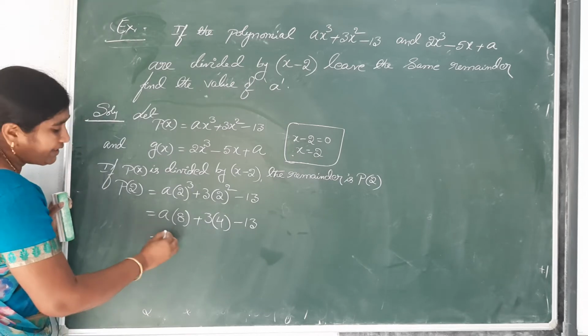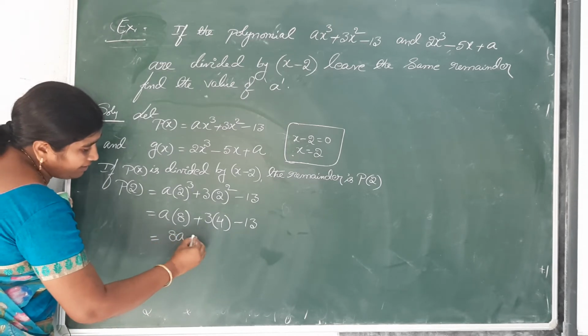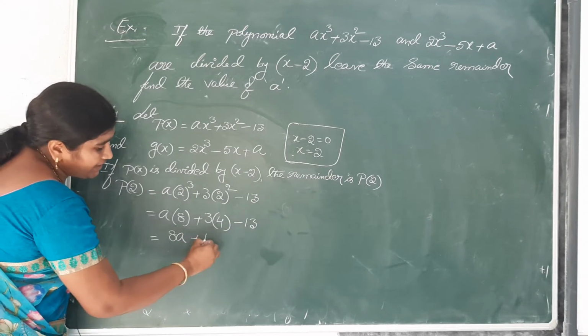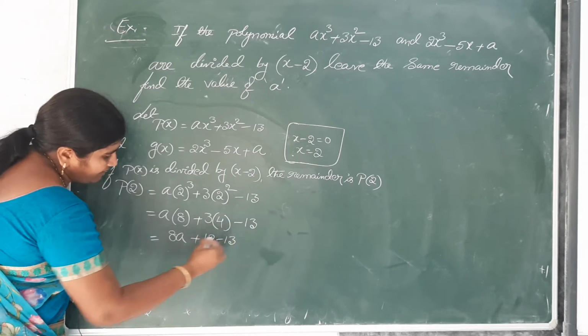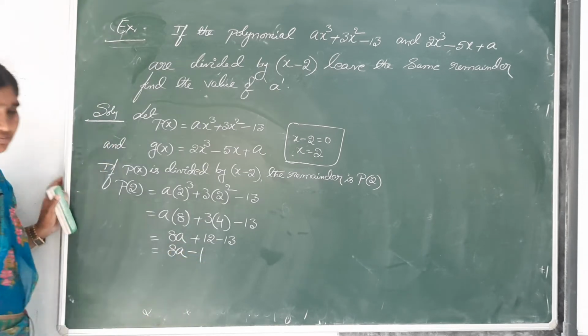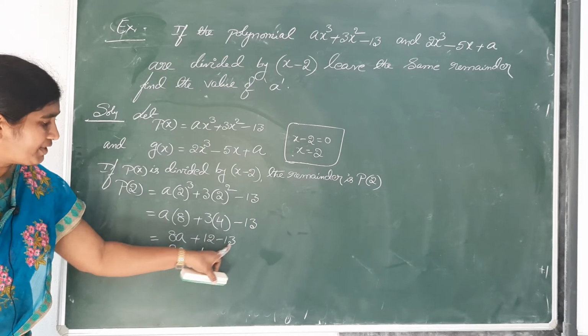That equals 8a plus 12 minus 13, which is 8a minus 1.